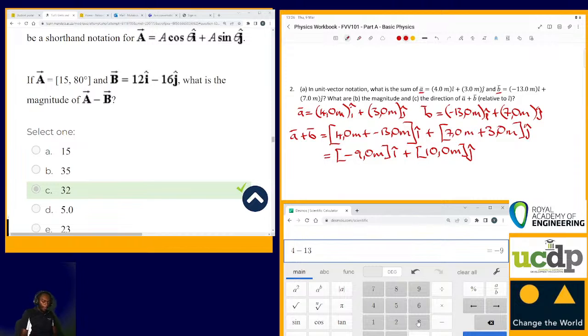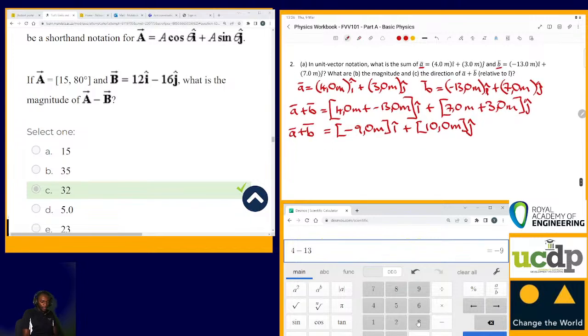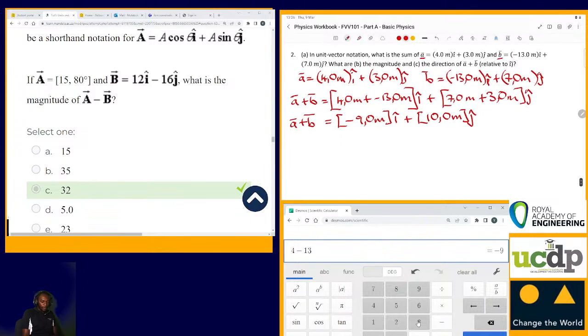Okay. Then the question says find the magnitude as well.